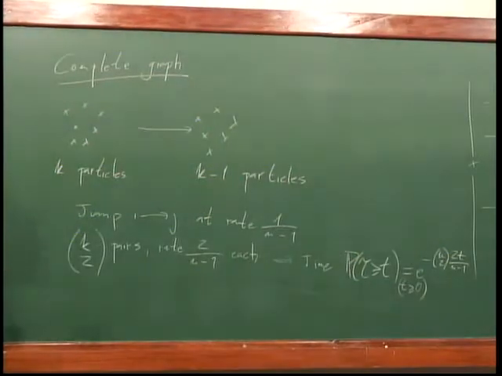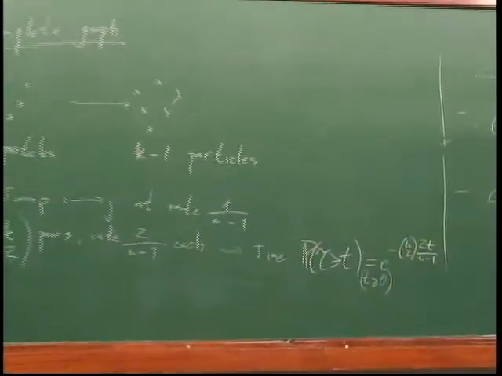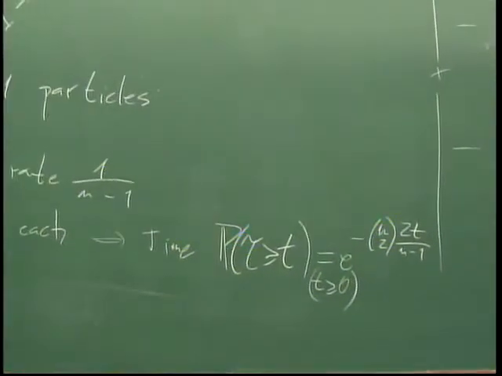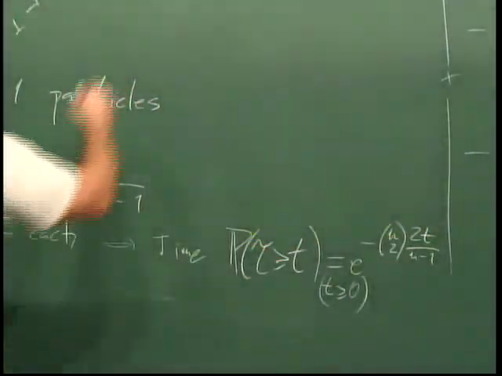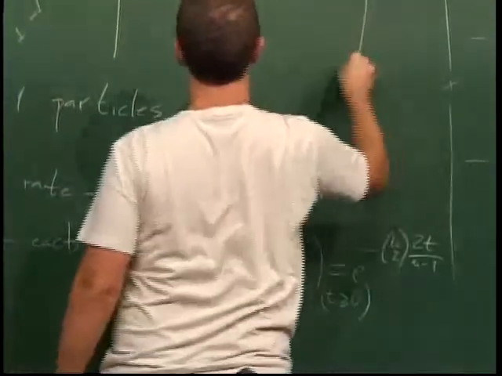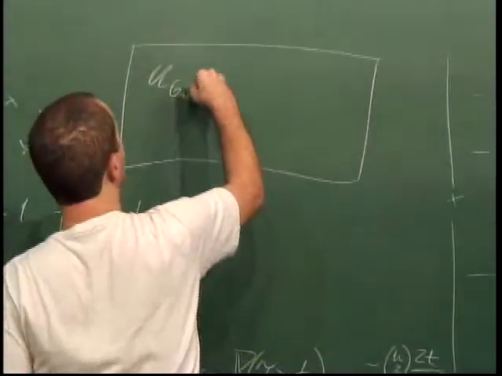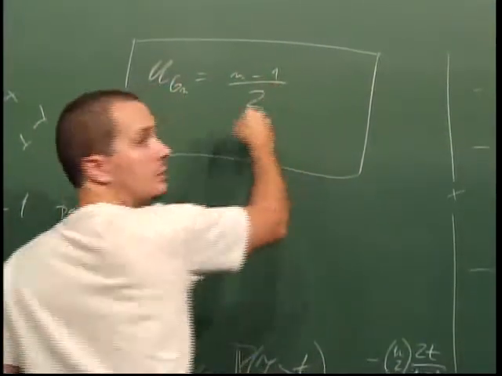And this is already quite similar to the random variables I had over there before, except that there is this extra n minus 1 over 2 here. But as I already wrote over there, in this case, mu sub G_n is n minus 1 over 2.